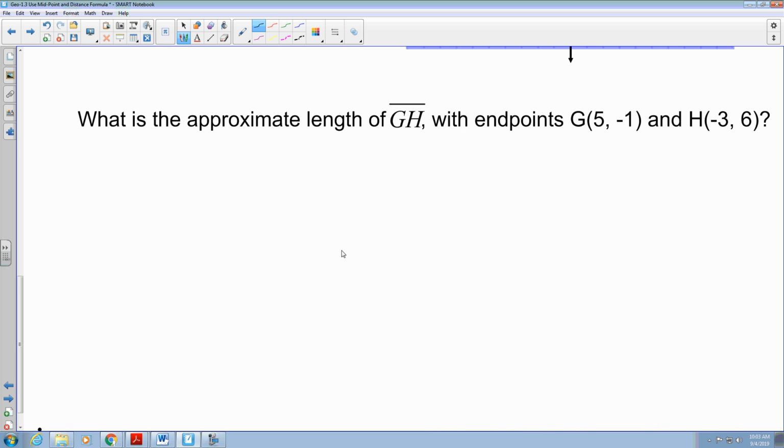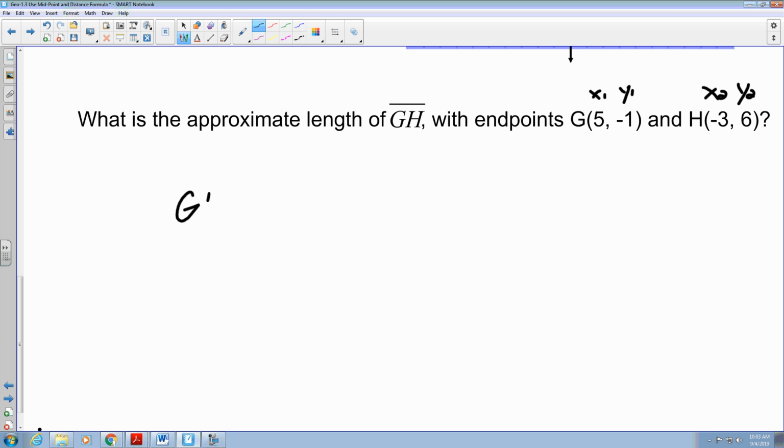All right, so finally, same idea. They want to approximate the length of GH, where they give us two endpoints. Again, denote the values of x1, y1, x2, y2. I could have had those flipped. I could have had x2, y2 be (5, -1) and (-3, 6) be my x1, y1. It wouldn't have mattered. It's still going to be the same answer, as long as you're consistent with the formula.